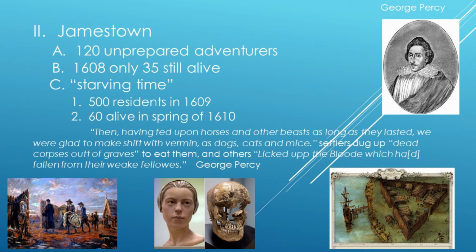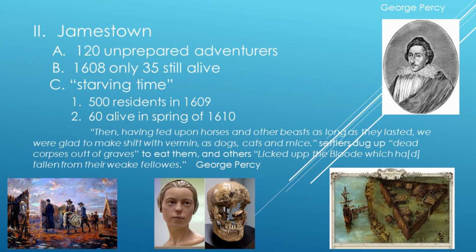So they have an image there of a woman's head. And the skull that they discovered there, very obviously, the flesh had been eaten off of it. And so there is definite evidence of cannibalism during the starving times. Not only digging up dead bodies, but in fact killing their weaker members and feeding from the flesh of their bodies.